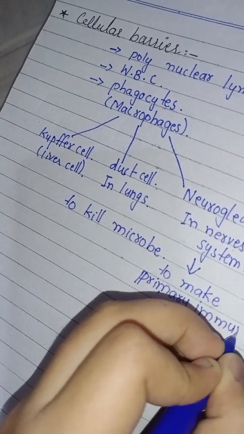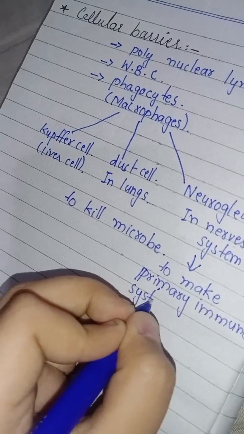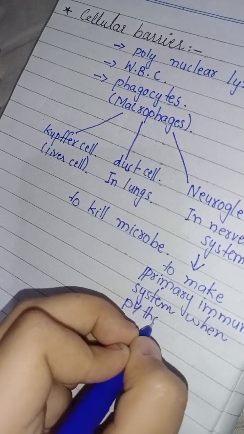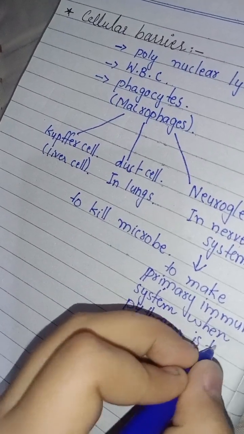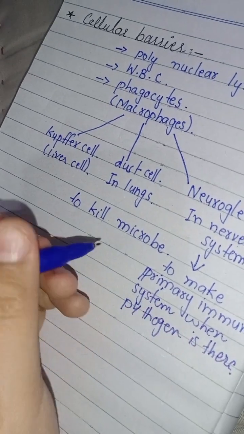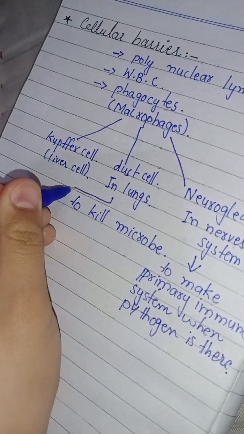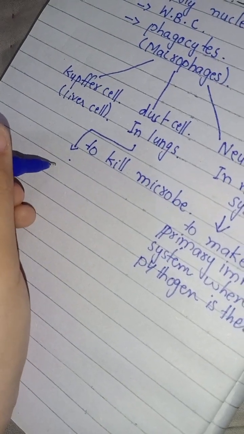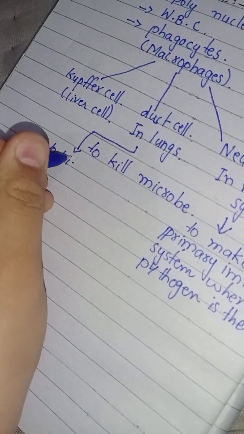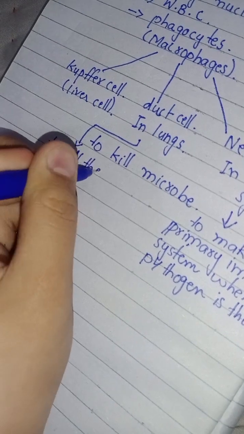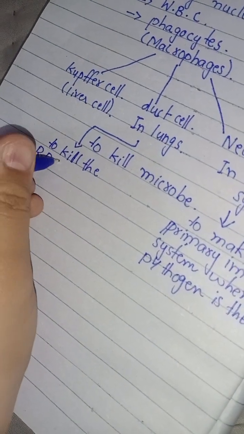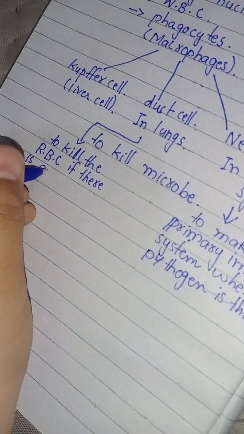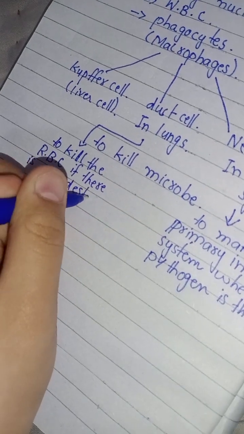And the other cells are to kill RBC, red blood cells, if there is any destruction.